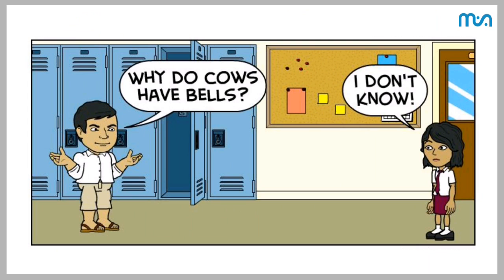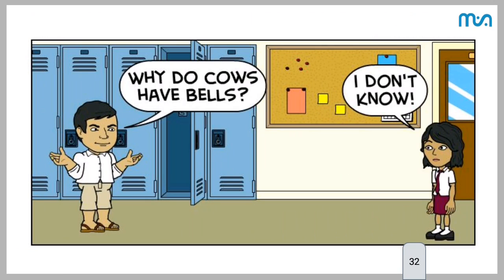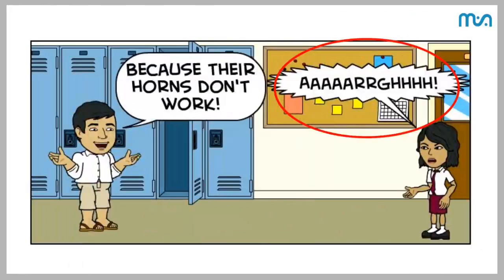Here, why do cows have bells? I don't know. So both these bubbles are speech bubbles, and at the end of the comic, because their horns don't work, it is also a speech bubble.